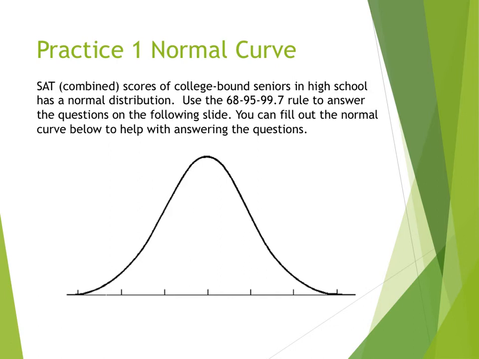We are going to fill out just the mean, and I want you to mark the standard deviations above and below with positive or negative 1, 2, 3. And then you can move forward. You can pause the video here and fill out the normal distribution and then come back and see it. Then when you move to the next slide, you can pause it again, and when you're ready to see the answers, you can see those.